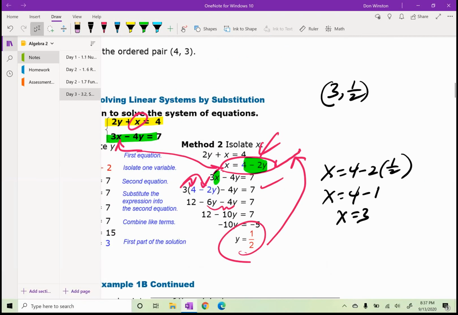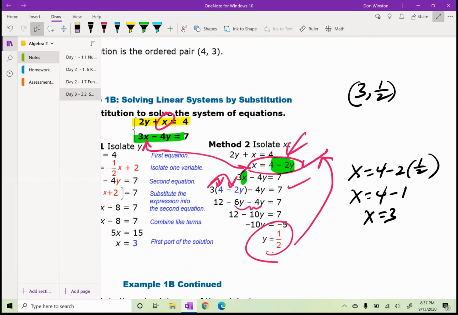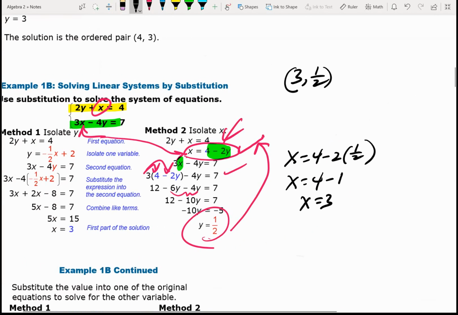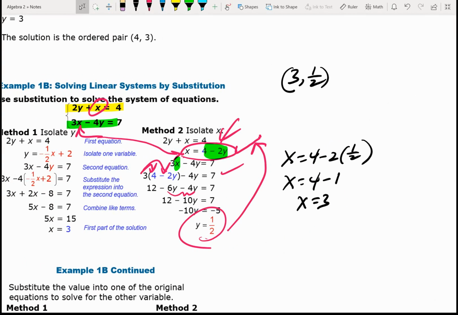Okay, so again, we should always verify that that was the correct solution here. All right, and so here I'm going to work with equation number 1. So we said y was 1/2 and x was 3. Let's see if that equals 4.